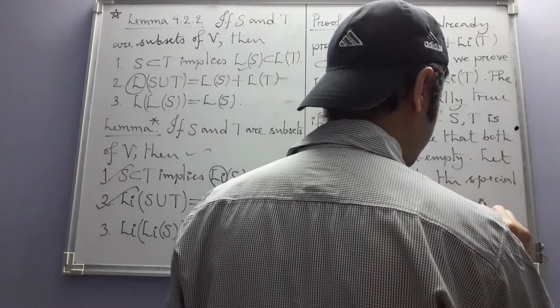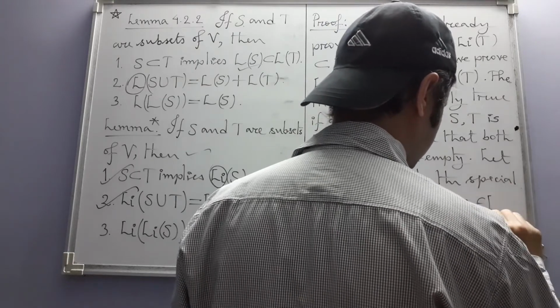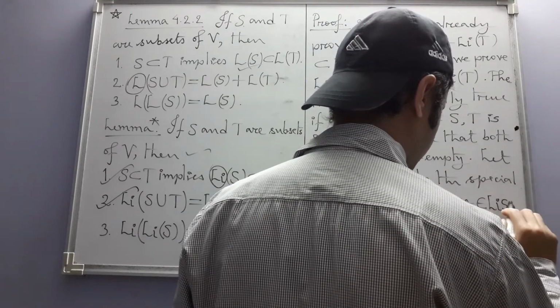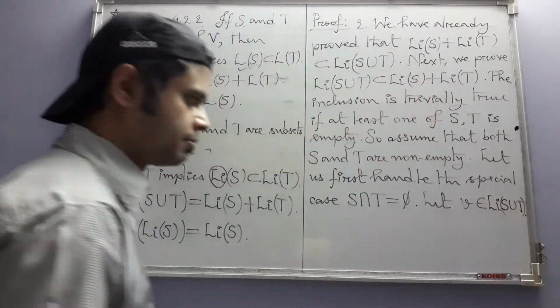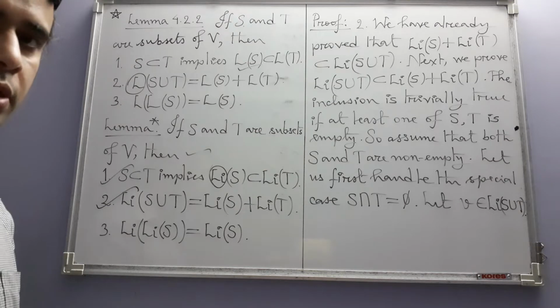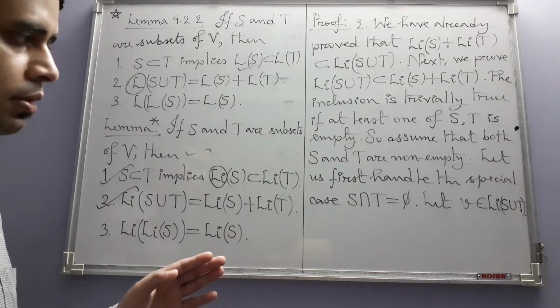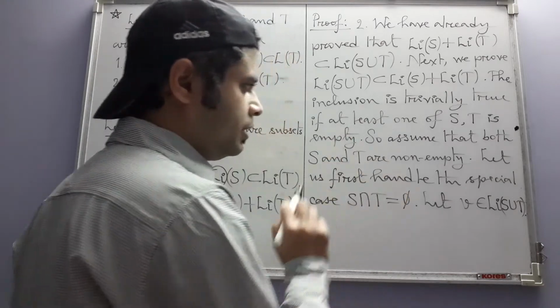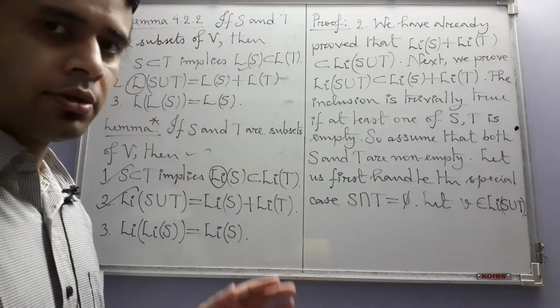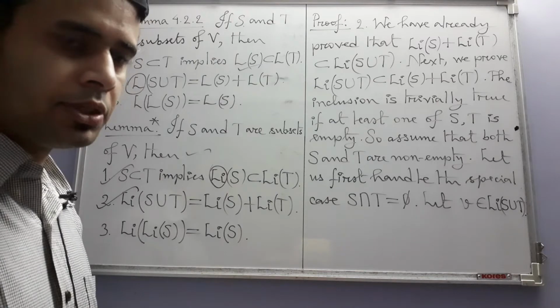So we start by considering a vector V in Li of S union T. Note that because S and T are both non-empty, S union T is also a non-empty set.